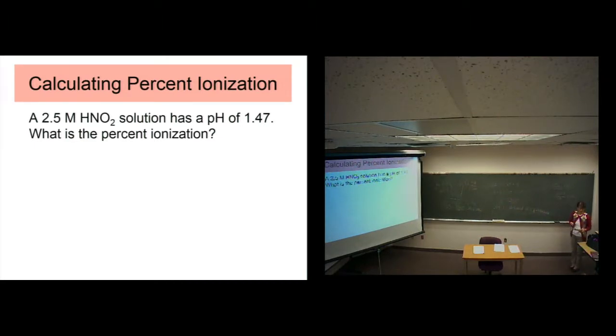So if Ka is bigger, what did we say about the acid strength? If Ka is getting bigger, what is happening to the acid strength? It's stronger. Okay, well, what about percent ionization, do you think? If percent ionization gets bigger, what does that mean?